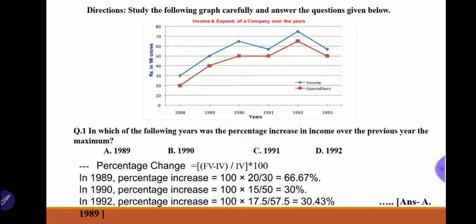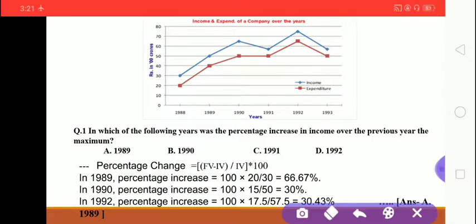From 1988 to 1989 the final value is 50,100 crore and the initial value is 30,100 crore. So 50,100 minus 30,100 crore is 20,100 crore, divided by the initial value of 30,100 crore.